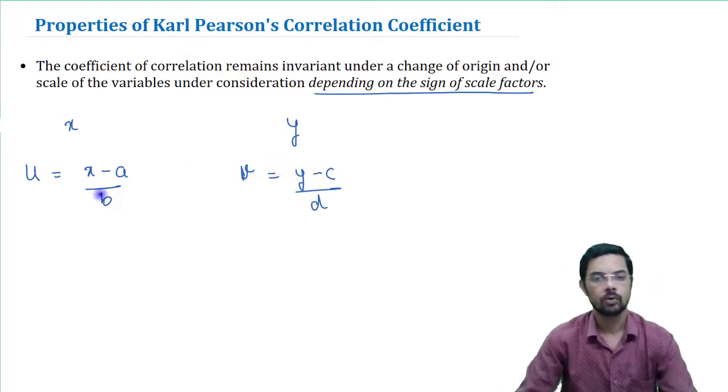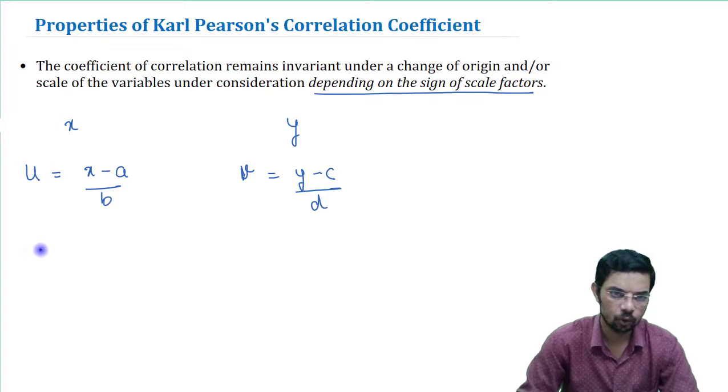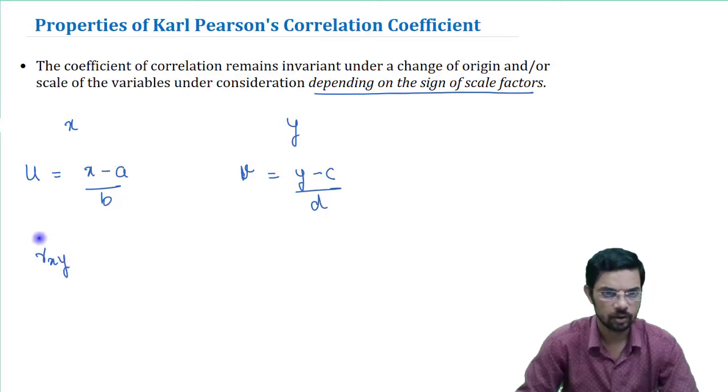Now in this case, the correlation coefficient of x and y is denoted by r of x comma y, or r_xy, and the correlation coefficient of u and v is denoted by r of uv.